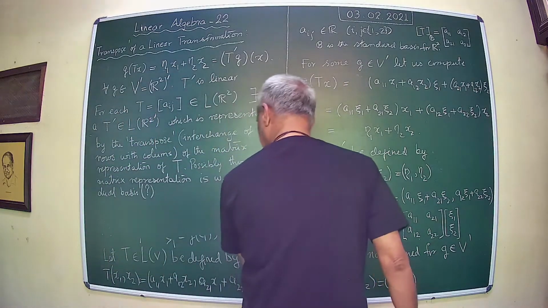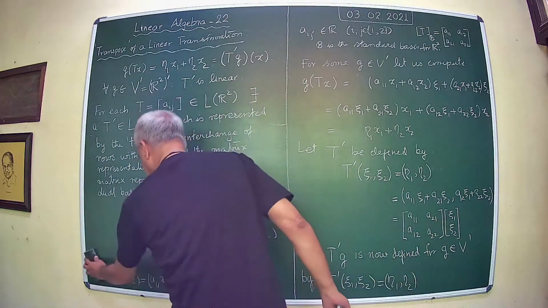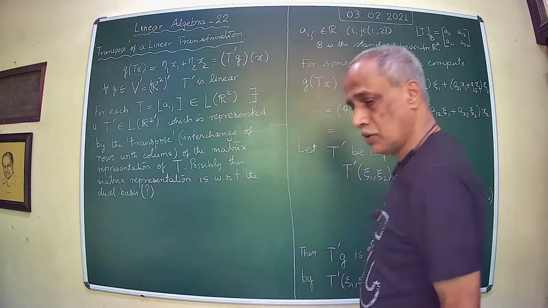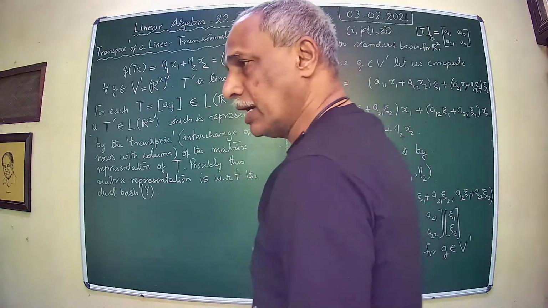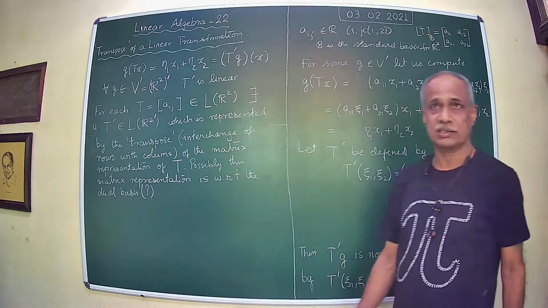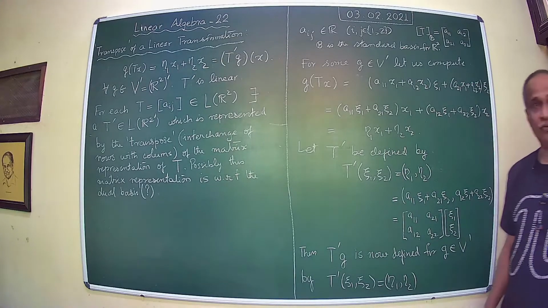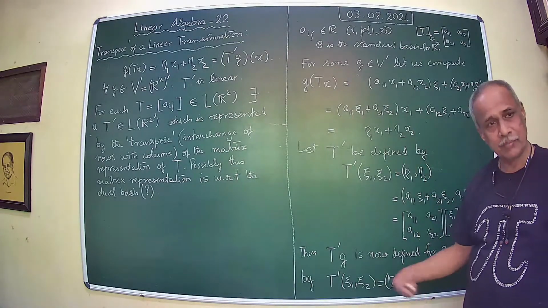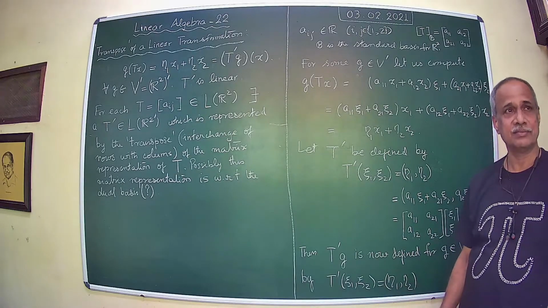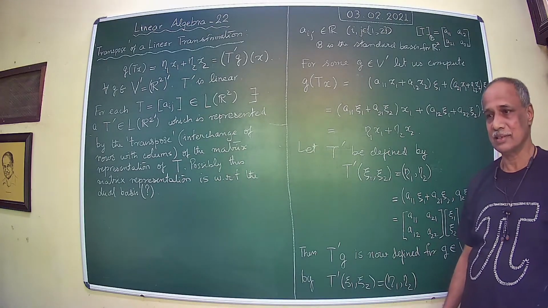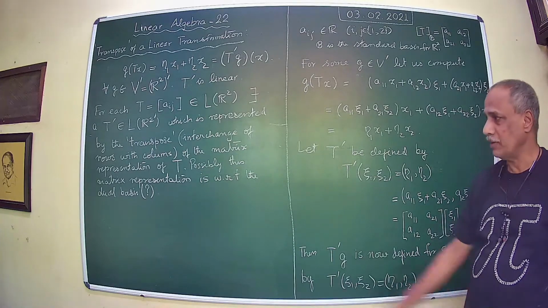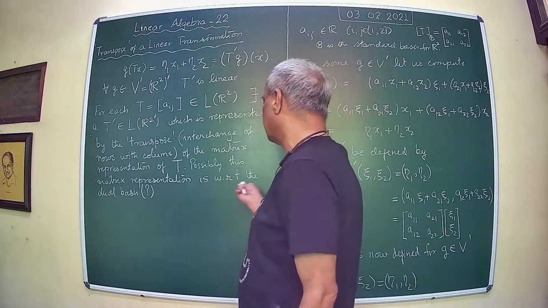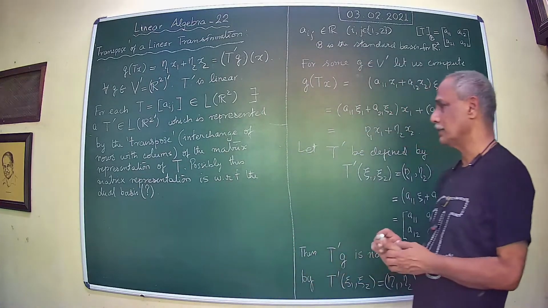That's a guess. It's a wild guess I am making. Because in this example, what you see is that we started with the standard basis, and what is the dual basis of, because V prime itself is again R2 with the dual basis given by the same E1 and E2 for that. Okay, so that is the consideration that we have. So we are guessing that this would be true. Possibly this matrix representation is with respect to the dual basis.